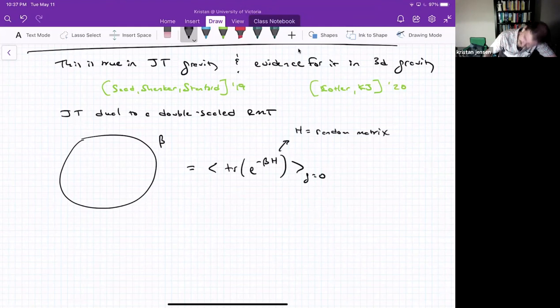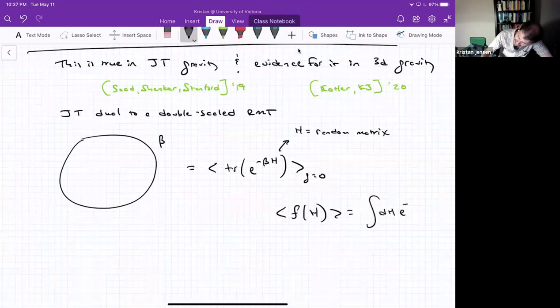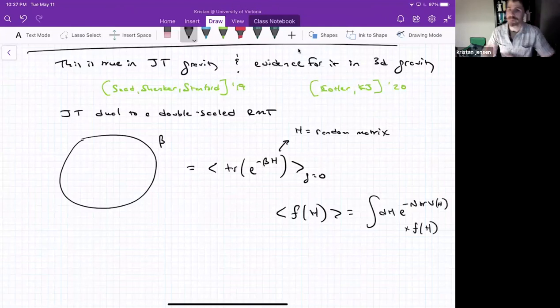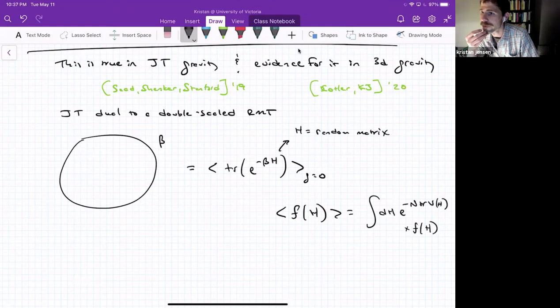And the angle brackets denote a matrix model average, meaning f of H is the integral dH with respect to some distribution, average over that, where H is an N by N Hermitian matrix.